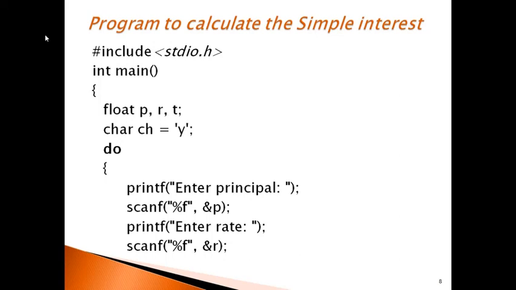This is the program. Hash include stdio.h, int main function, float declaring the variables p, r, t, character variable ch, y, do. printf, enter principal amount, scanf function to read the data. printf, enter the rate of interest, scanf function to read the rate of interest.